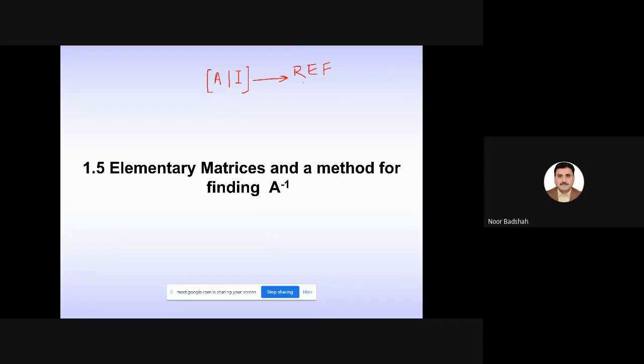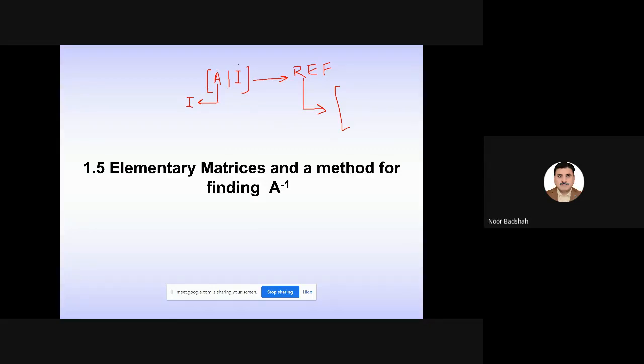And after converting this into reduced echelon form, we get what? If you remember, we discussed in the last lecture that the reduced echelon form of a non-singular square matrix is the identity matrix. I hope you remember that.